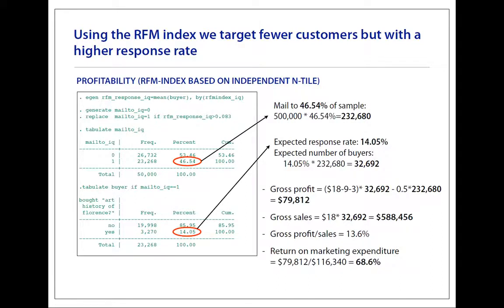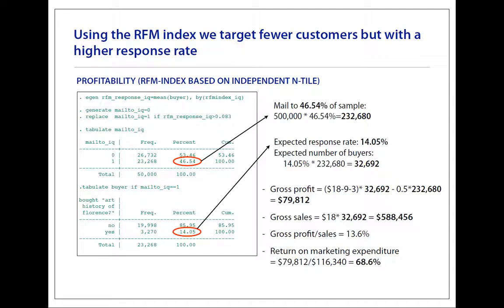So if I did target them in the first place, I only need to mail this 46.5% of the customers. I would do the same for the remaining 500,000 customers if I'm doing targeting. So in other words, in the remaining 500,000 customers, I will only target 46.54% of the customers.